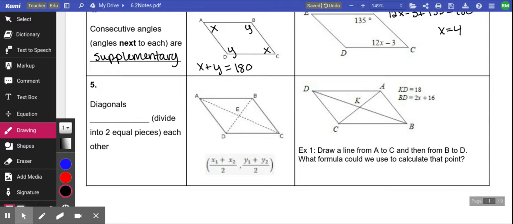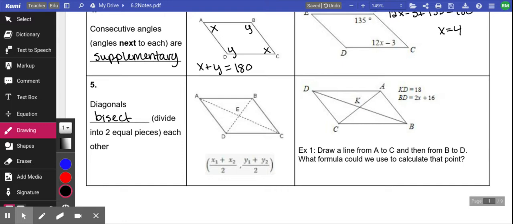So parallelograms have 5 properties. Diagonals bisect. So bisect means to divide into 2 equal pieces. So they bisect each other.